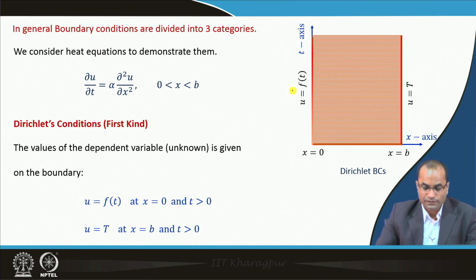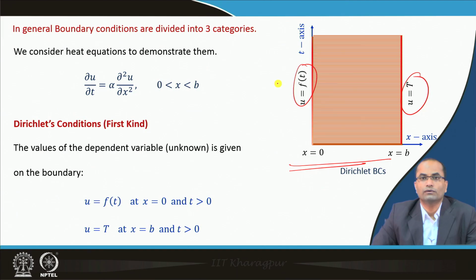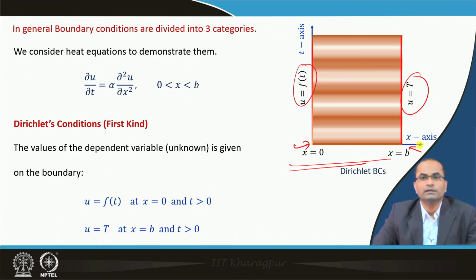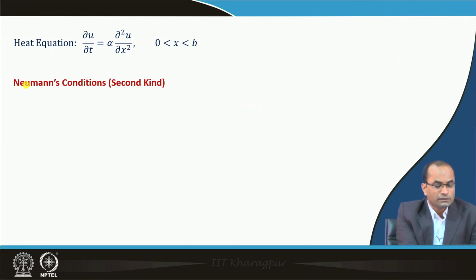This is the situation for Dirichlet boundary conditions, that the direct value of the dependent variable, the unknown, is prescribed at both ends, at x equal to 0 and also at x equal to b, throughout the time.